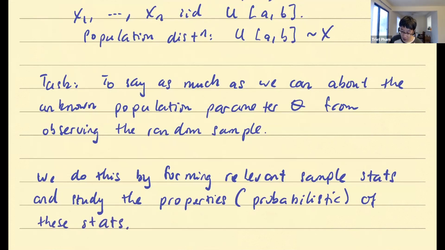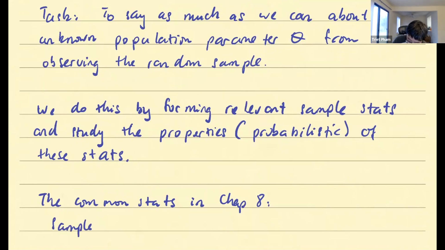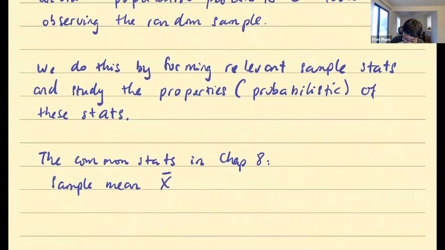So the most common stats that we will look at, at least in chapter 8, are the following: the sample mean, x bar, the sample variance, s square, and the so-called order statistics.